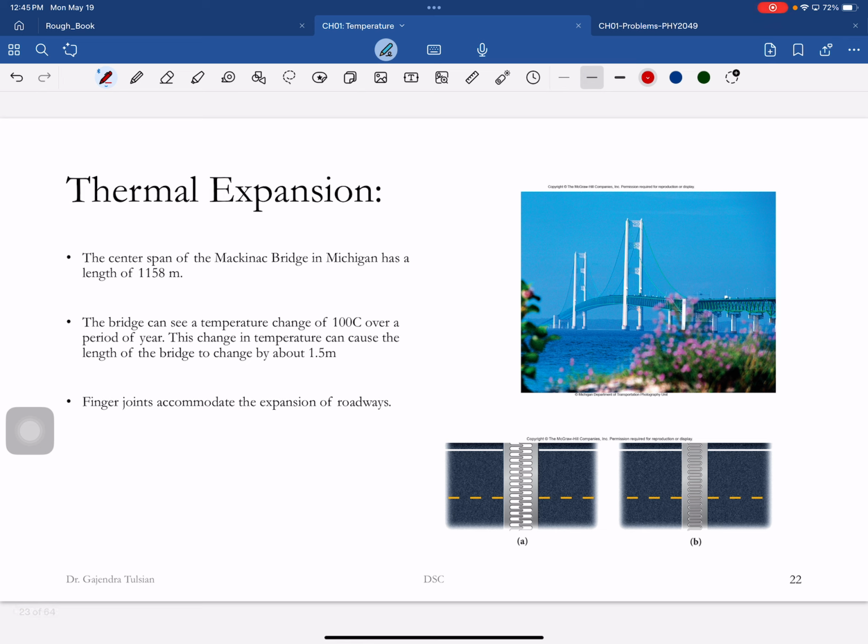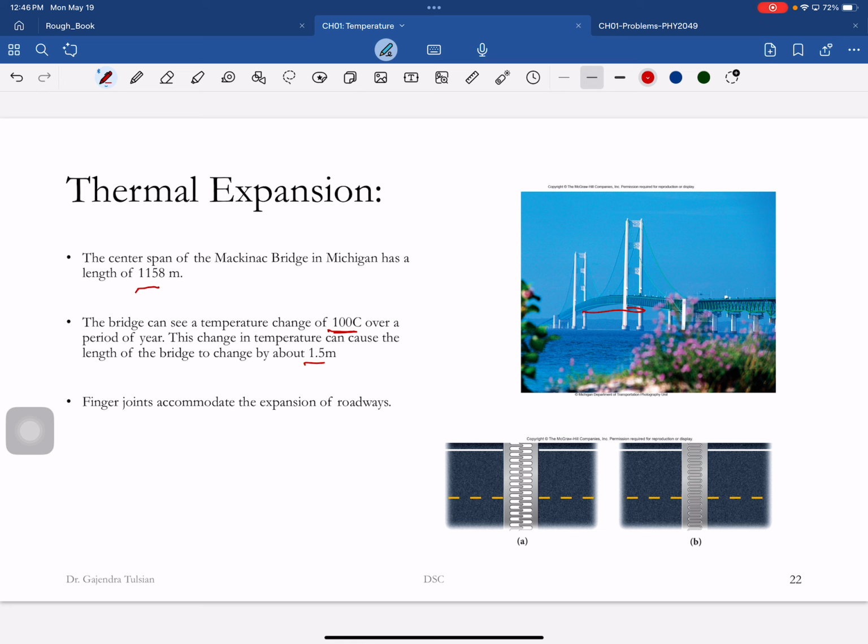This bridge in Michigan has a length of 1,100 meters. 1,100 meters is from here to the speedway. It sees a change in temperature of over 100 degrees Celsius between the dead of winter and the peak of summer.